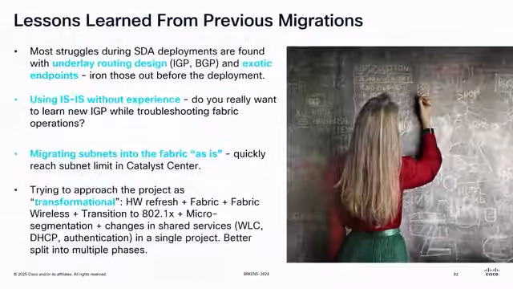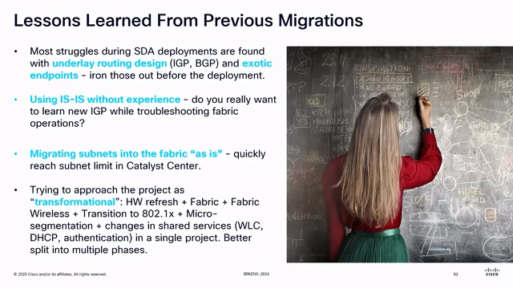OK. So we're at the end of our deployment, and there are some lessons learned. From my experience, the biggest struggles I have seen are sometimes meat and bones, right? Sometimes customers struggle with IGP design. I've seen it all. When people do it manually, not using automation, there are a lot of IP address mismatches.